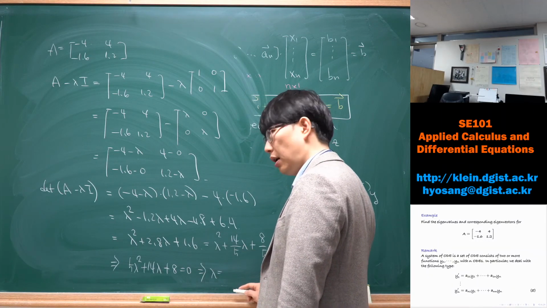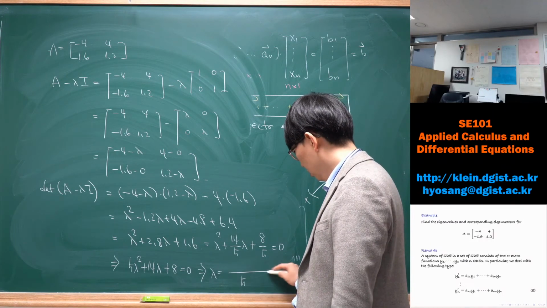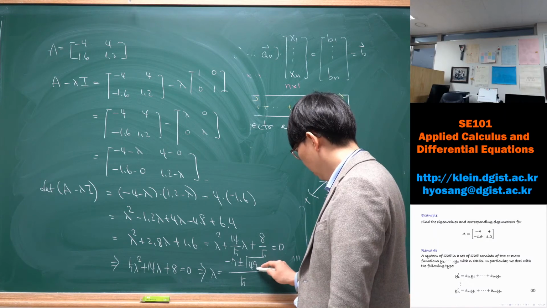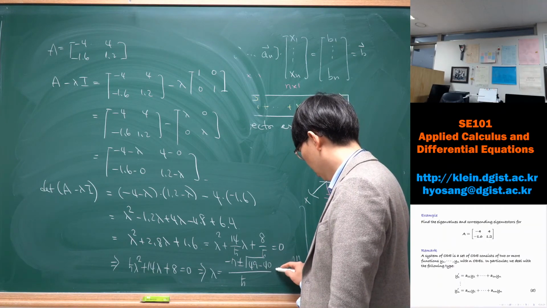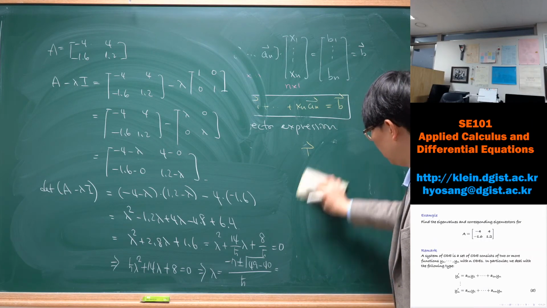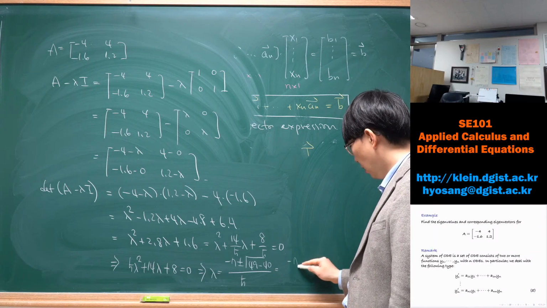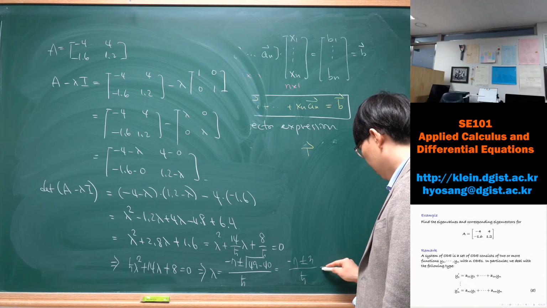So this is lambda equals minus 7 plus or minus the square root of 49 minus 40. Okay, it seems like it's correct because the answer seems nice. So minus 7 plus or minus 3 over 5.